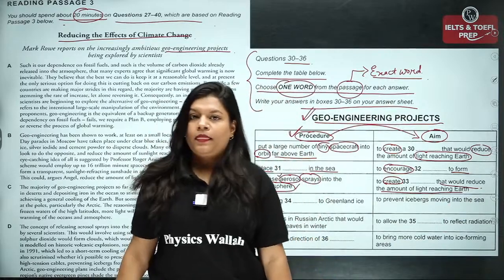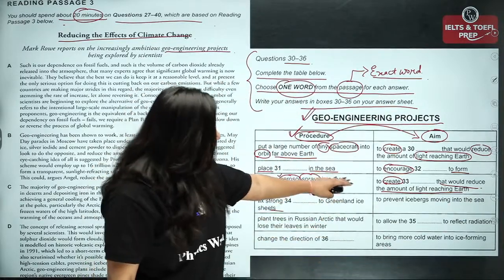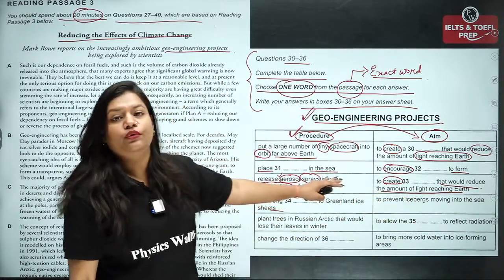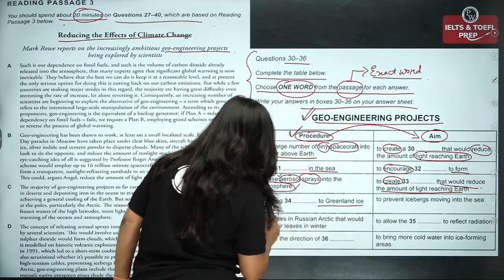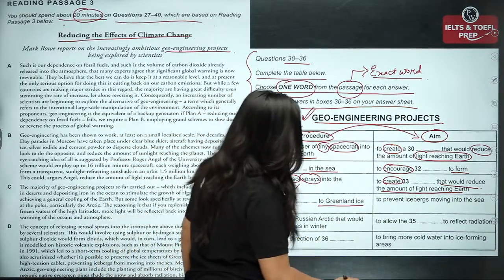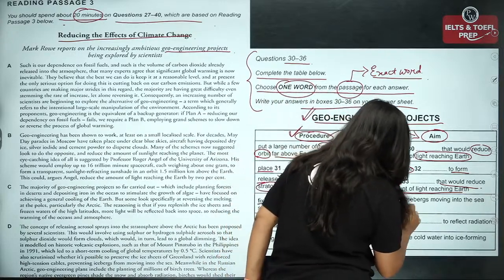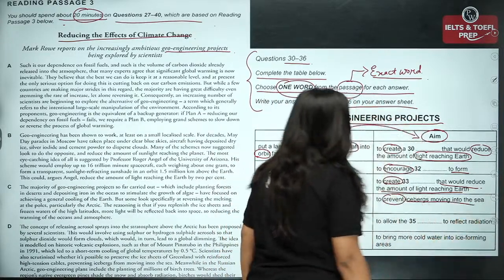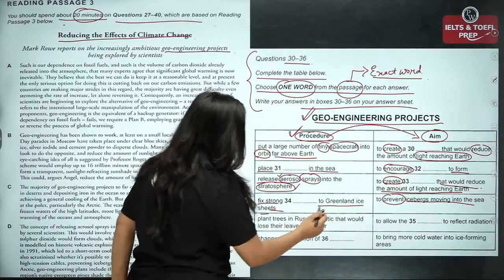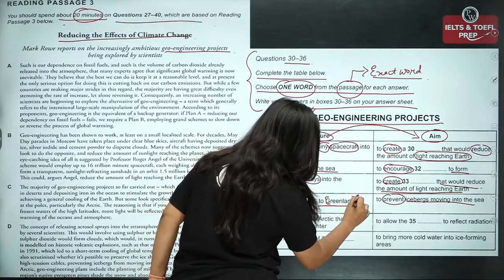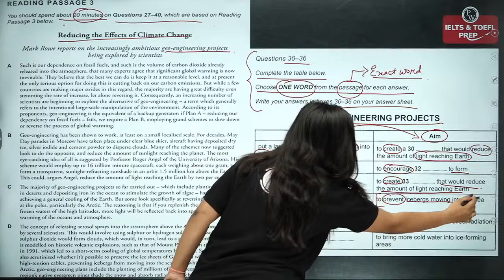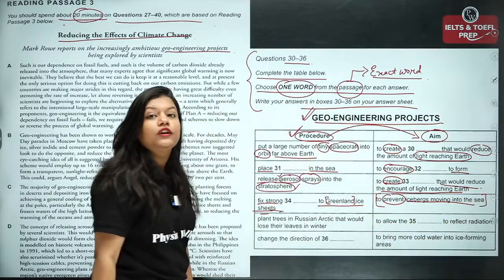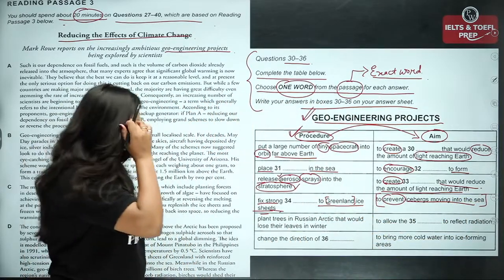That's all. अगर आपको ये आंसर मिल जाएगा, then that's all you need to know. ठीक है? Now next, fix strong to Greenland ice sheets, okay, to prevent icebergs moving into the sea. So we need to make sure that हमें Greenland ice मिले and sheets मिले, and that we are getting this aim in the passage. ठीक है?